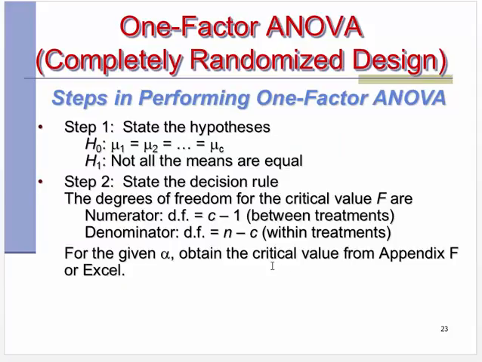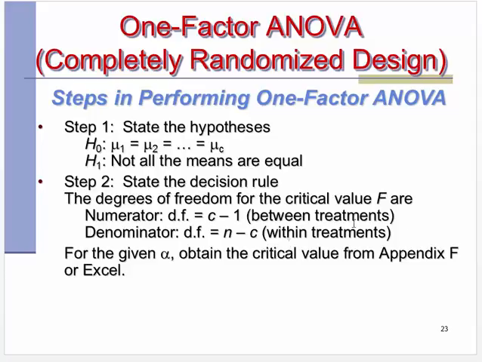So the steps in performing a one-factor ANOVA: the first step is you state the hypothesis. The H null is mu1 equals mu2, all the way to mu c. H1 is not all means equal, right? Step 2 is state the decision rule. You find the degrees of freedom for the critical value of F. The numerator degree of freedom, df1, is C minus 1, where C is the number of treatment groups.